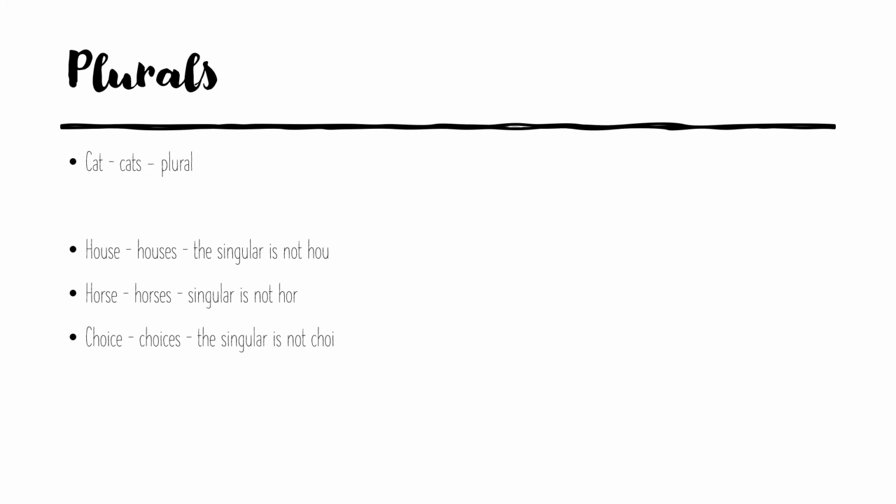So letter E can also be used to make sure it's clear whether we're looking at a plural or not. So if we're going from cat to cats, we just add an S. However, the plural of house is houses. So the S here and the E is important because otherwise we'd be thinking the plural of how, H-O-W, is house, H-O-U-S, because that isn't a word. The plural of whore is not horse.